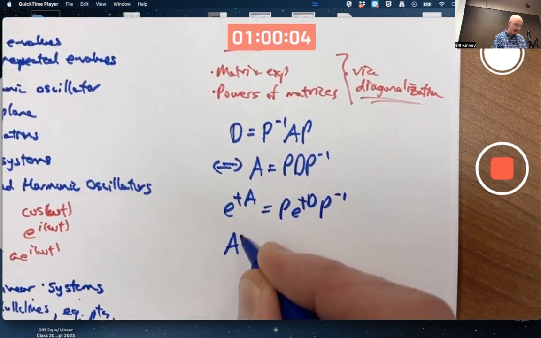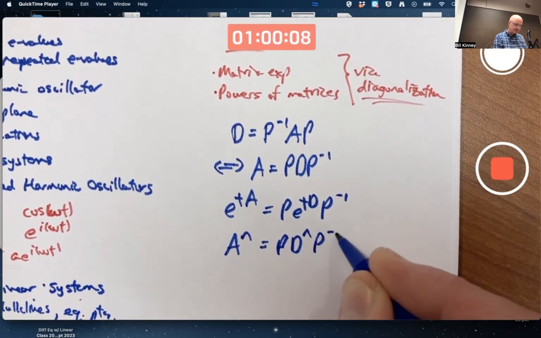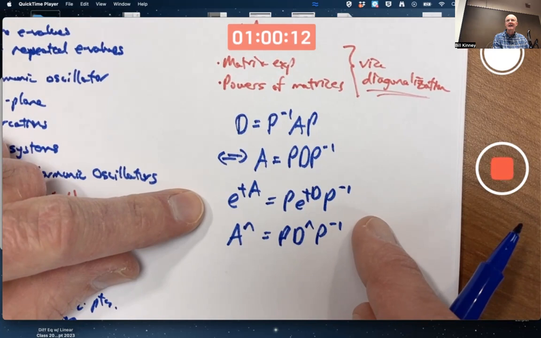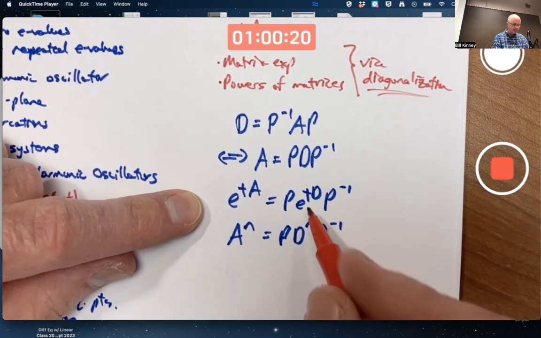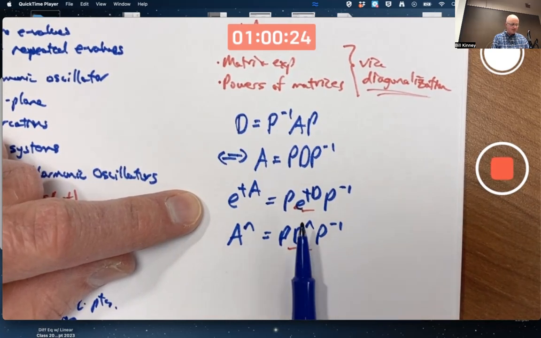And A to the nth power is P D to the nth P inverse. These equations work even if D is not diagonal. They're just easier to use when D is diagonal, because that means these matrices in the middle are easier to compute. But D could be a Jordan form and they'd be harder to compute. Still possible.